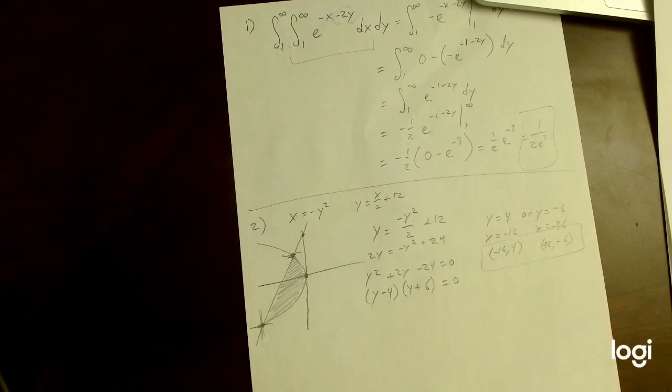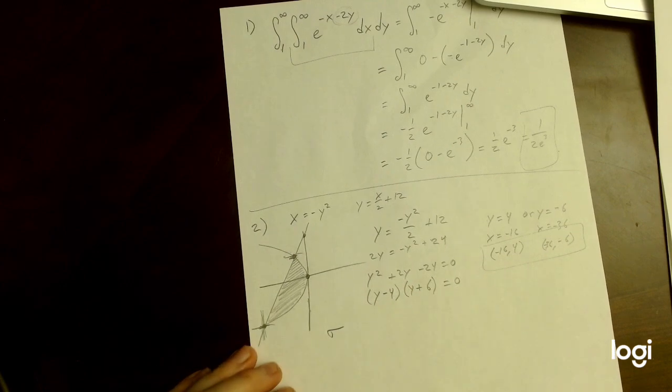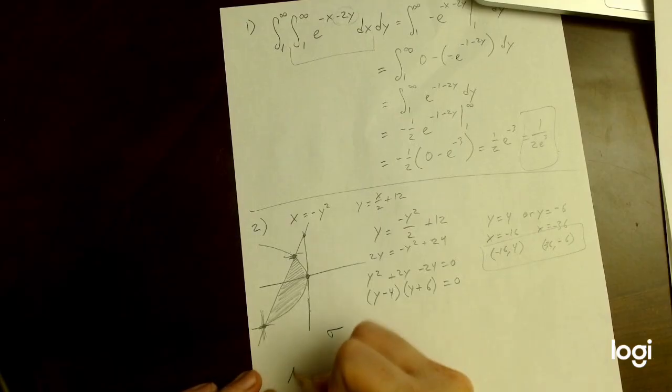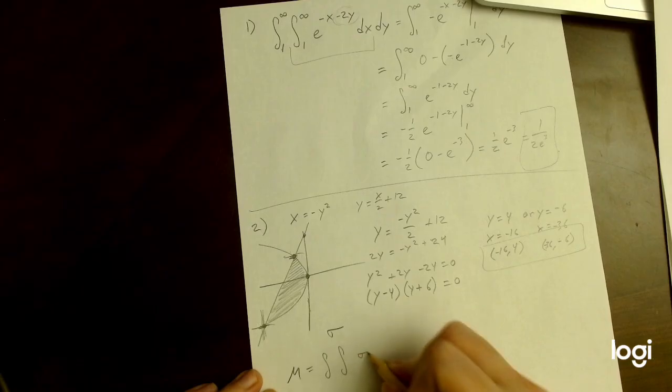And lastly, if we have a uniform mass density, surface mass density, sigma, there, let's calculate the total mass, which will just be the double integral of sigma dx dy.